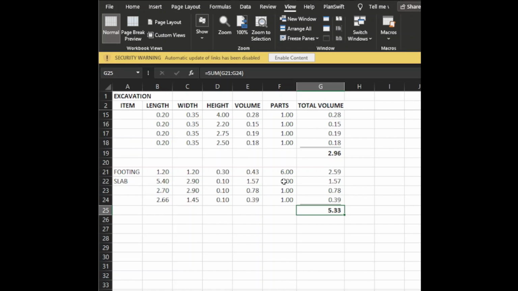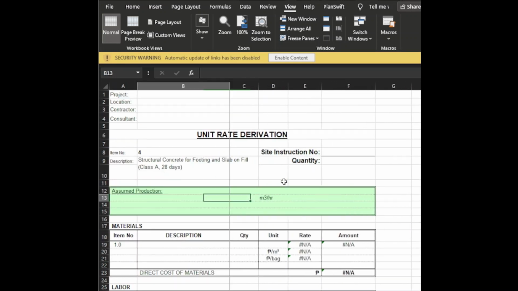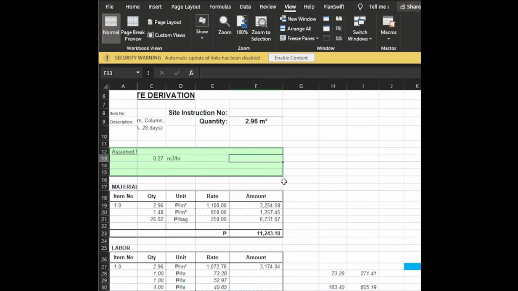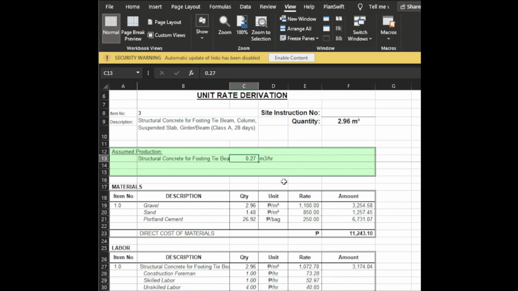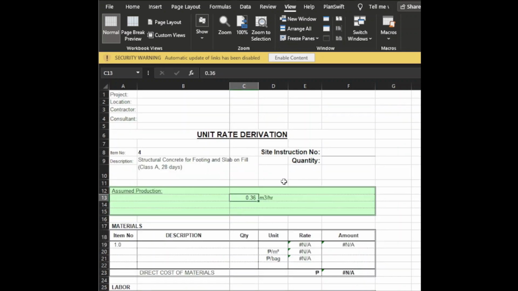So for the cost analysis of this one, our assumed production is 0.36. The previous one we had an assumed production of 0.27. This is 0.36 because, as you can see, this is easier to make. For our footing we have no more formworks to make, because the excavation is the formwork at the sides of the footing.